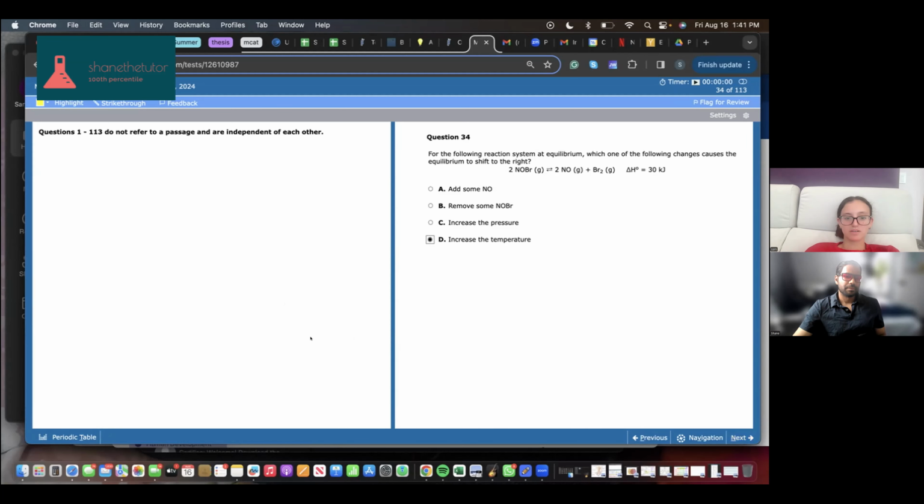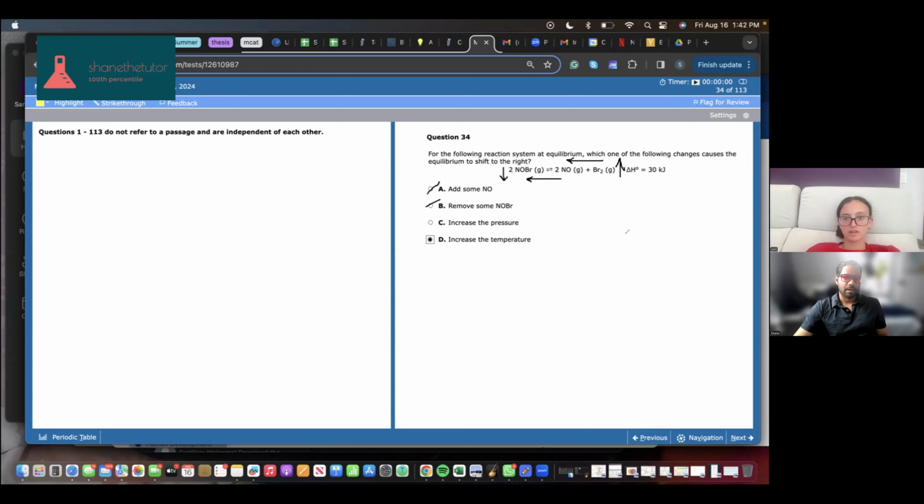Let's start with A. If I add something here, doesn't that make this whole thing go up, which means it would go to the left? So that's wrong, because we need it to go to the right. Lowering this would also make it go to the left. So B is wrong.